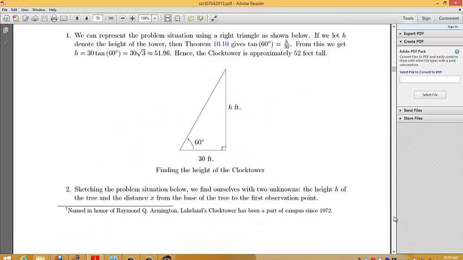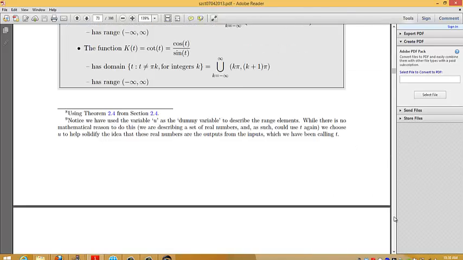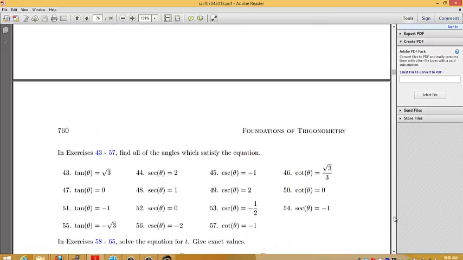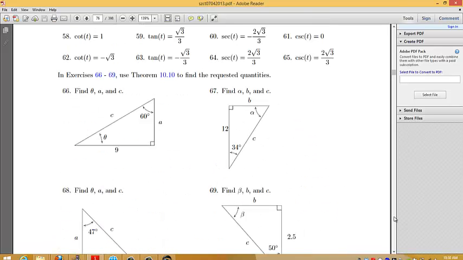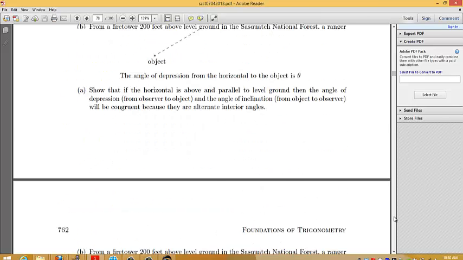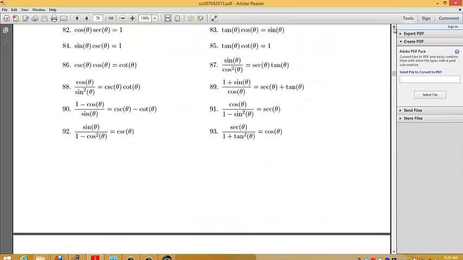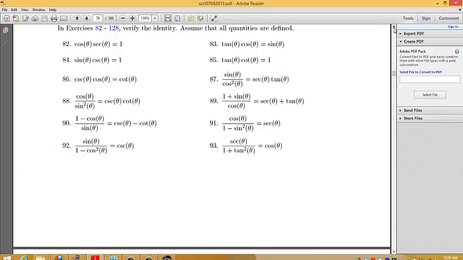So, if I look at the book here, moving ahead to the exercises. Oh yeah, some of those angle of elevation ones are cool, but we did most of these. We did those. Oh, I might do 66 with you in a minute. Let me jump ahead. I wanted to look at these problems here, starting in the 80s. So it says in exercises 82 to 128, verify the identity.